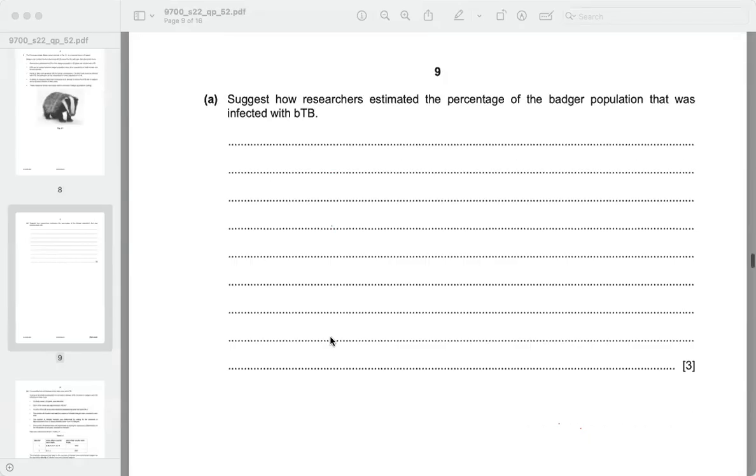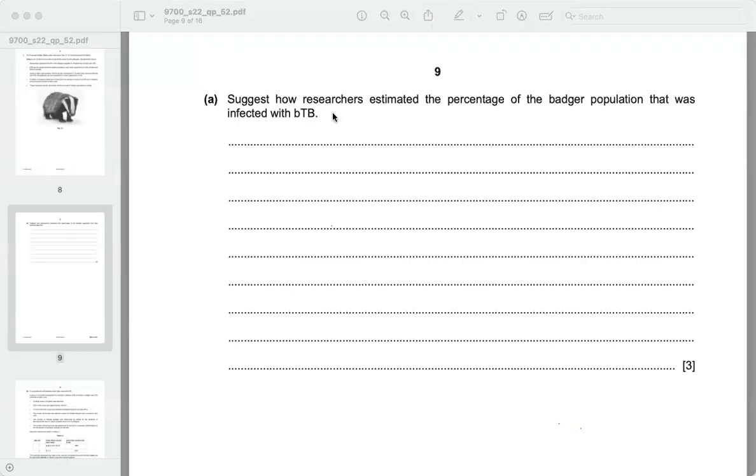So basically, they are asking you a way that in a particular population, we have the population having a particular disease. How are we going to estimate the percentage? So here we are going to a chapter of selection and variation where they are asking us to find the percentage of our badgers, a percentage of an individual. So how do we do it?